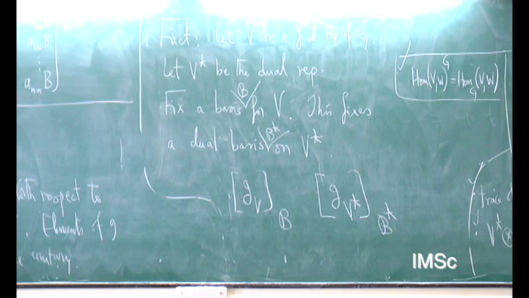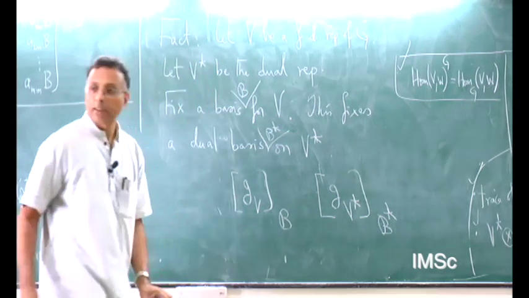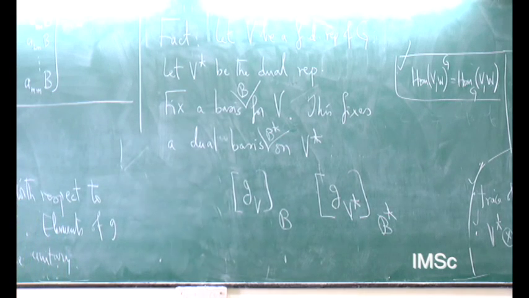First star? What does star mean? Suppose I have not assumed that my field is the complex numbers. The field is arbitrary. This has nothing to do with complex numbers. What does adjoint mean?